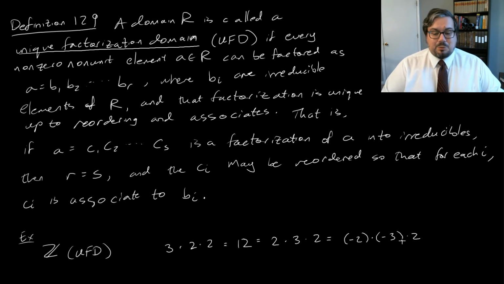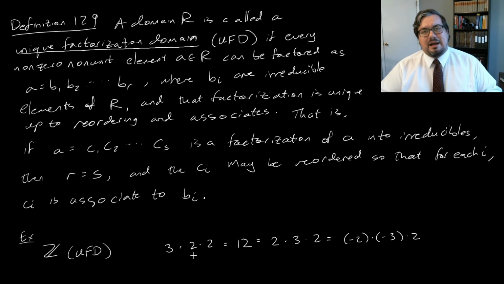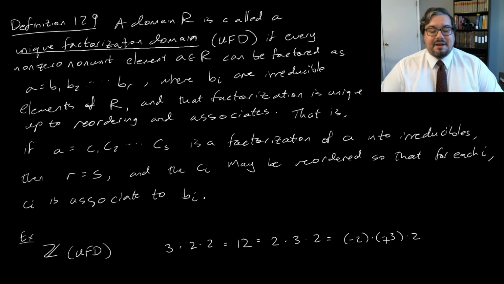So we can't expect rings to be any more unique in their factorization than this. We always have to allow reordering of the elements, and we always have to allow replacing a couple of the elements by associates in a way that cancels each other out. Like here, where I change two separate factors to their associates. But we're not allowing anything more.